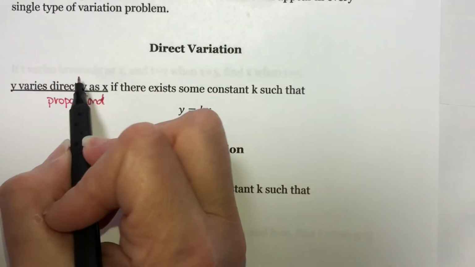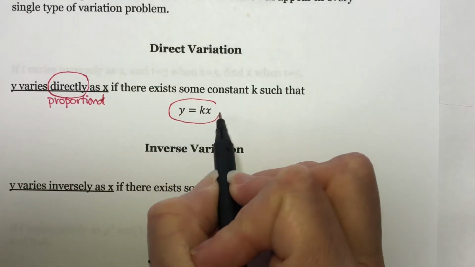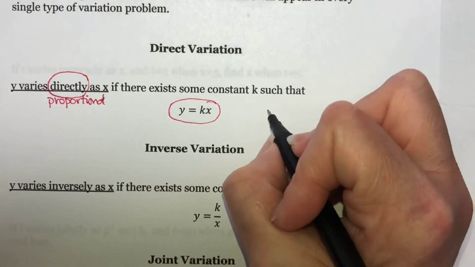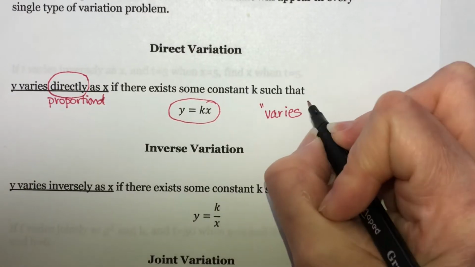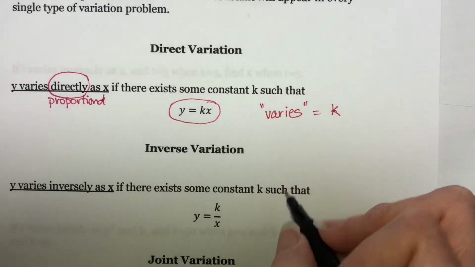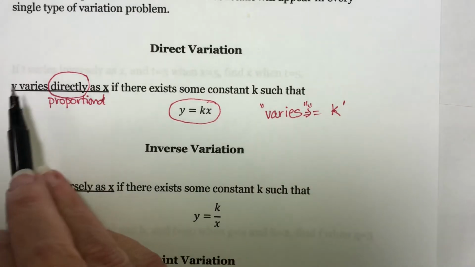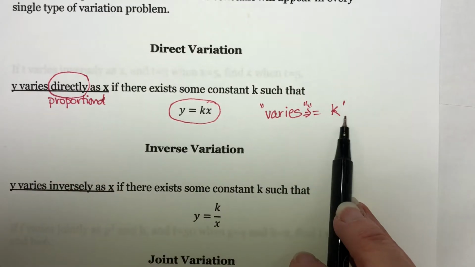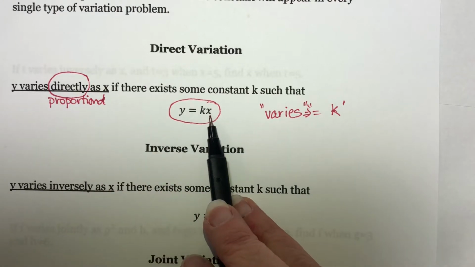What you need to do is learn to connect this word directly to this basic formula, where you're going to translate the word varies to equals k. Okay? Every time we see the word varies, we'll write equals k, and then if it's the word directly, we're going to write the next letter directly beside it.